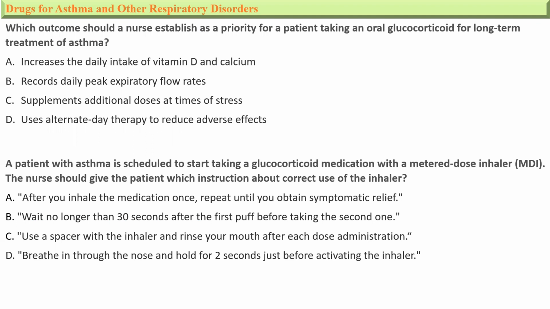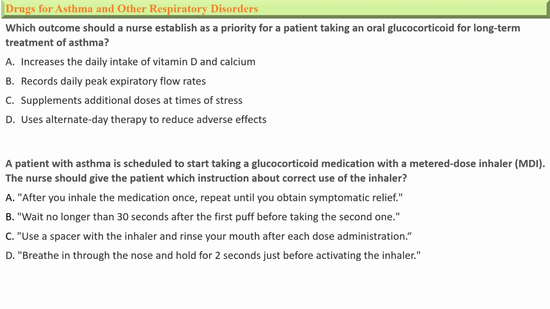So it is the priority that the patient take supplemental oral or intravenous doses at times of stress. Failure to do so can be fatal, can result in death, because of Addison's disease, severe adrenal insufficiency.